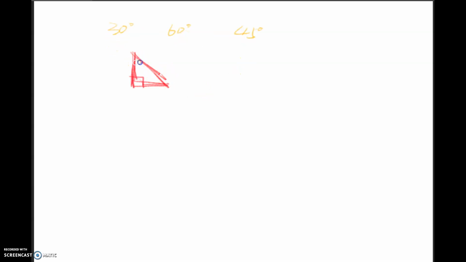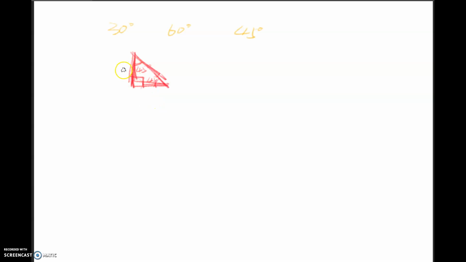So here's a 45-degree triangle. I did a pretty bad job, I know. But for a 45-degree angle, as we all know, the sum of the inner angles of a triangle will be 180. So if I have a right angle, and if I know one of the angles is 45, I can just calculate the other angle, which should also be 45 degrees. And that means it's an isosceles triangle.